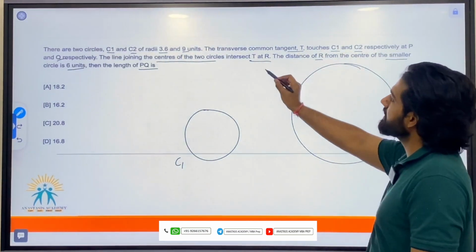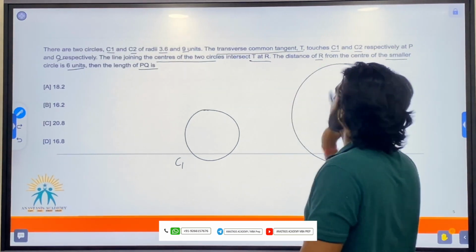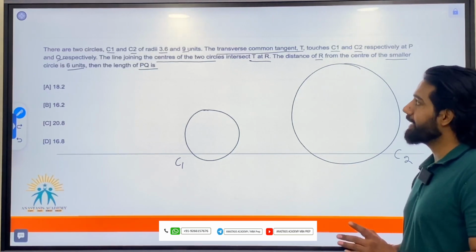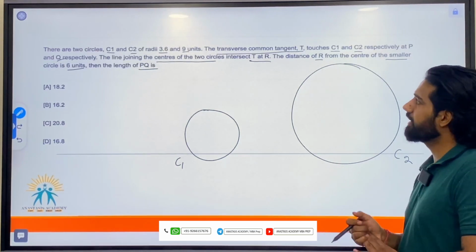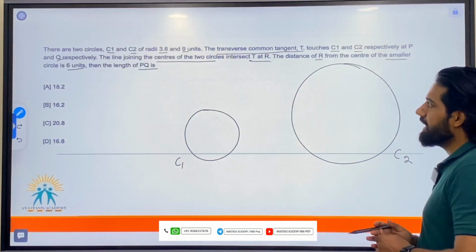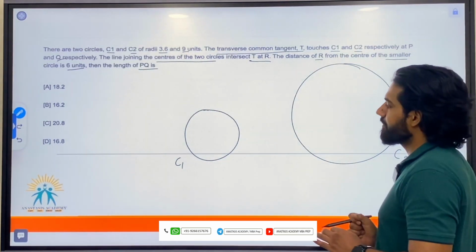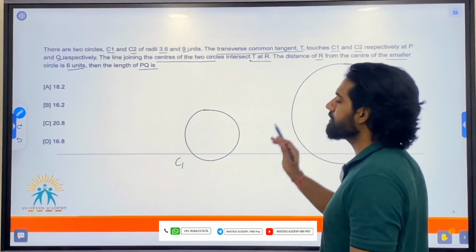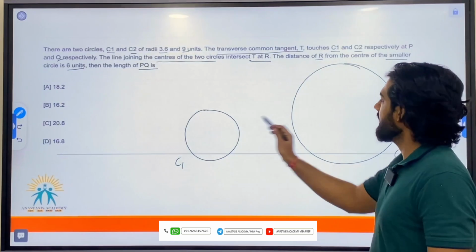Now the transverse common tangent. I know for these circles there are two types of tangents. One is the direct common tangent and the second is the transverse common tangent. A transverse common tangent is the tangent that intersects the line when I join the centers of the two circles.